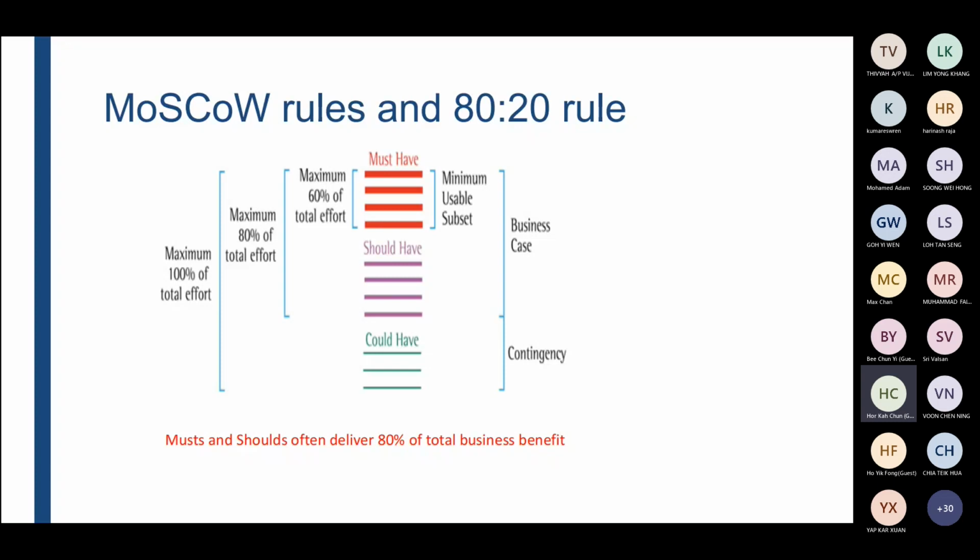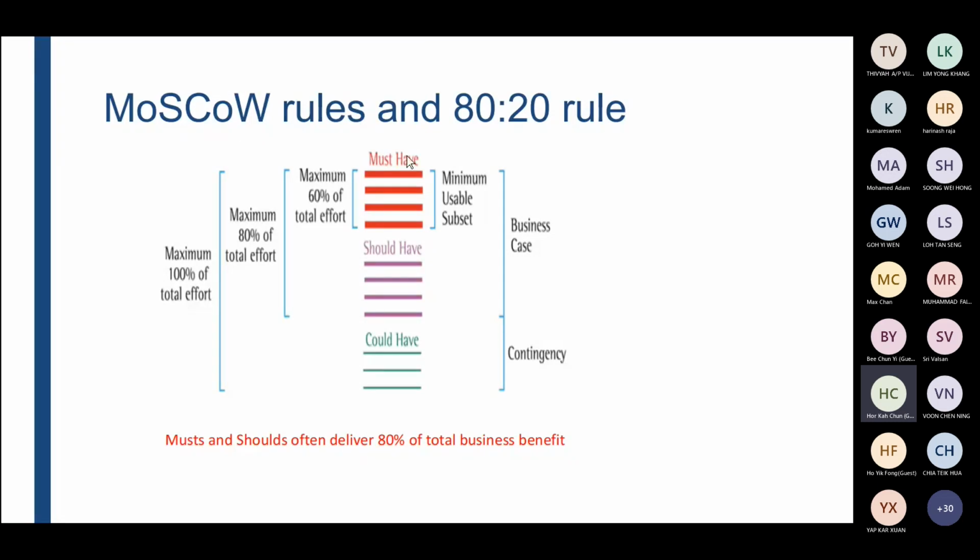For example, instead of putting maximum 100% total effort, like what you can see on your left hand side, we can also consider maximum 80% of total effort, or maximum 60% of total effort.